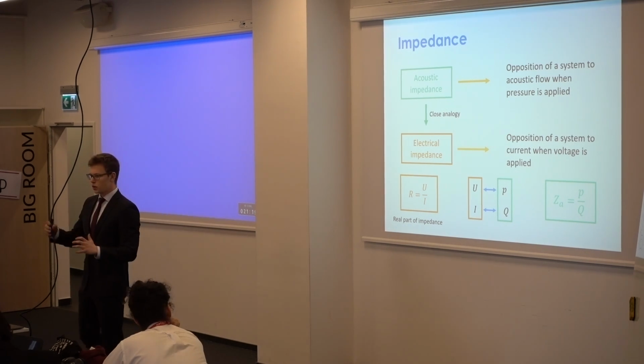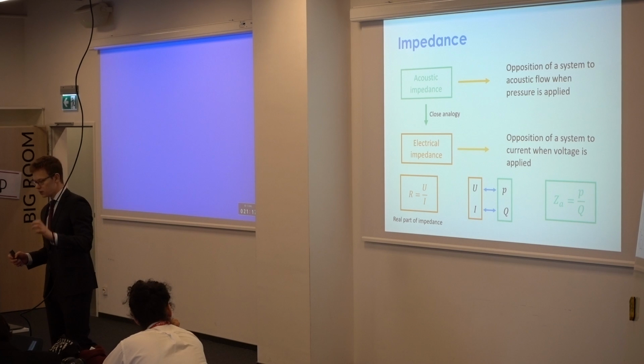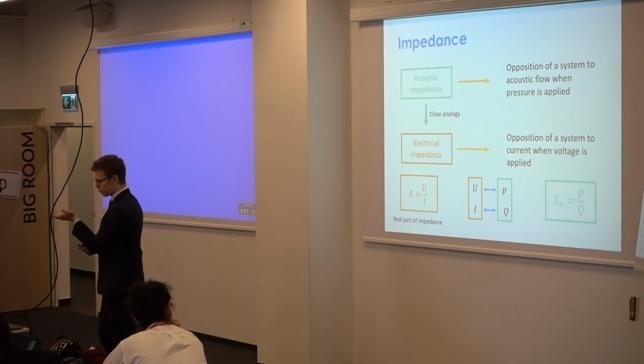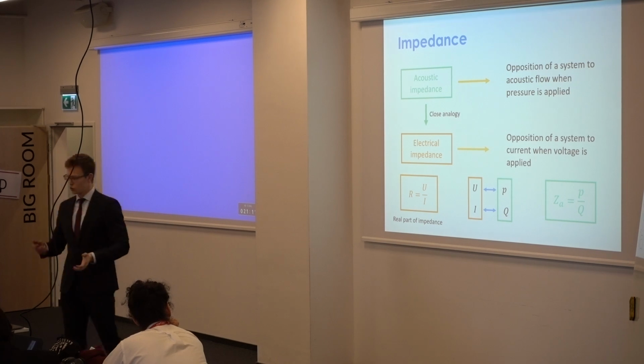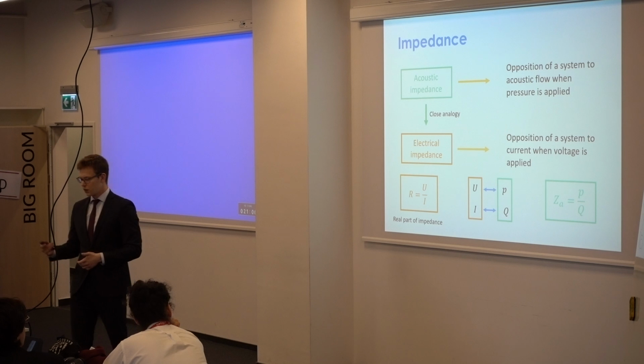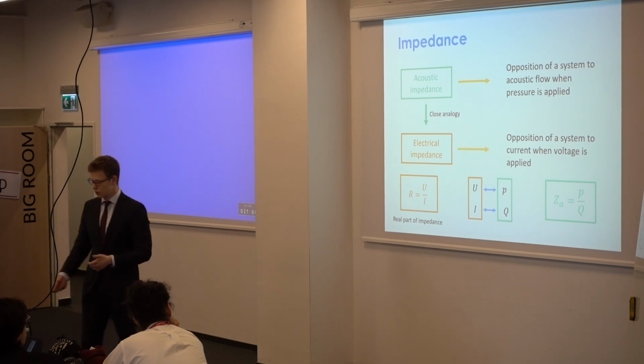An analogy between electrical and acoustic impedance can be made such that the voltage corresponds to acoustic pressure and the current to acoustic flow. Therefore, we can state that the acoustic impedance is acoustic pressure divided by acoustic flow.